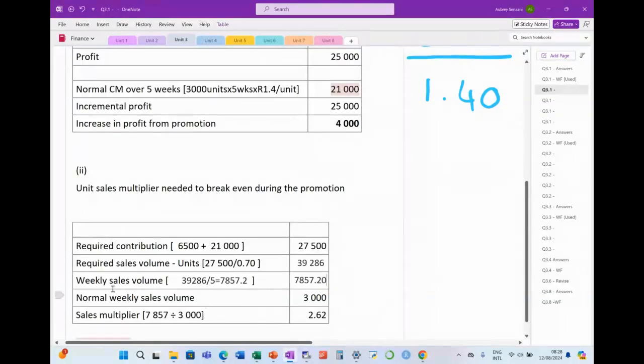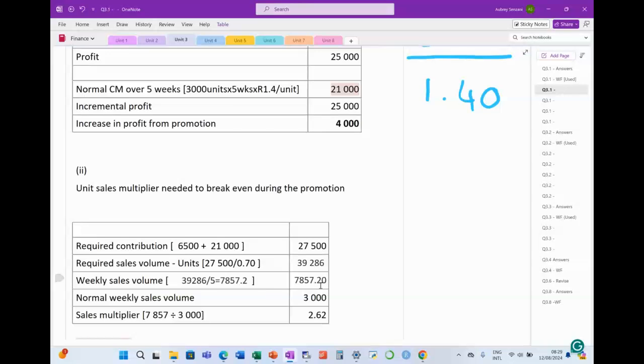All right, and then we have been given this information that our normal weekly sales volume is 3,000. So now to get the multiplier, we are saying what we need to sell on the promotion divided by what we would normally sell.